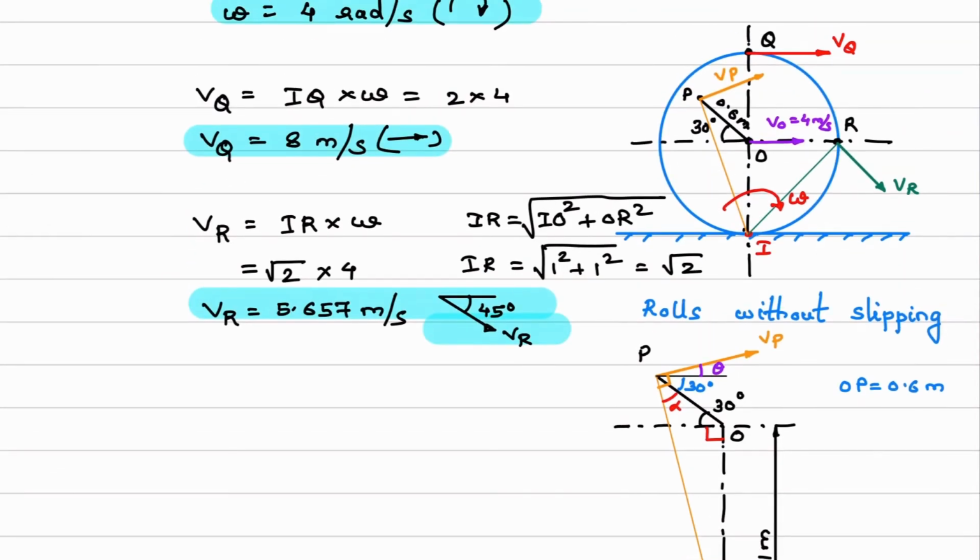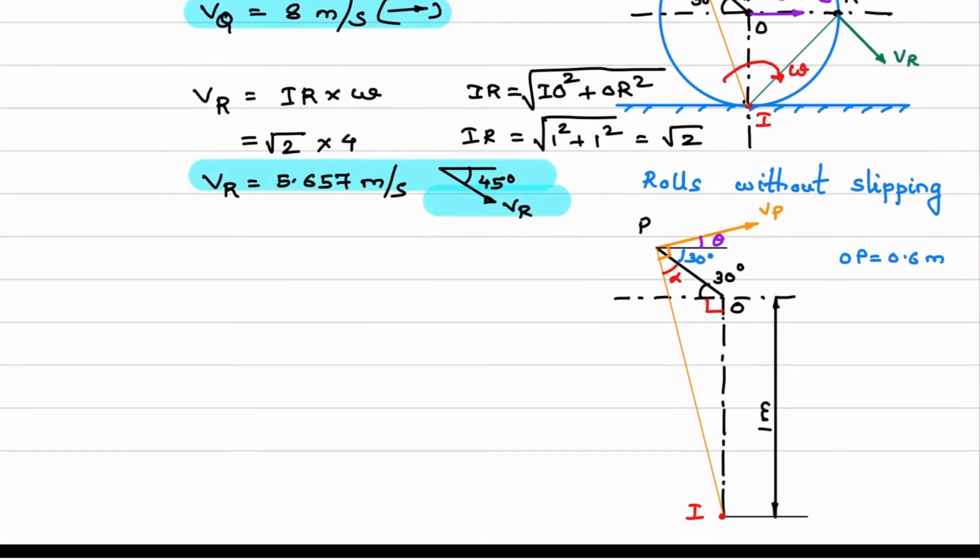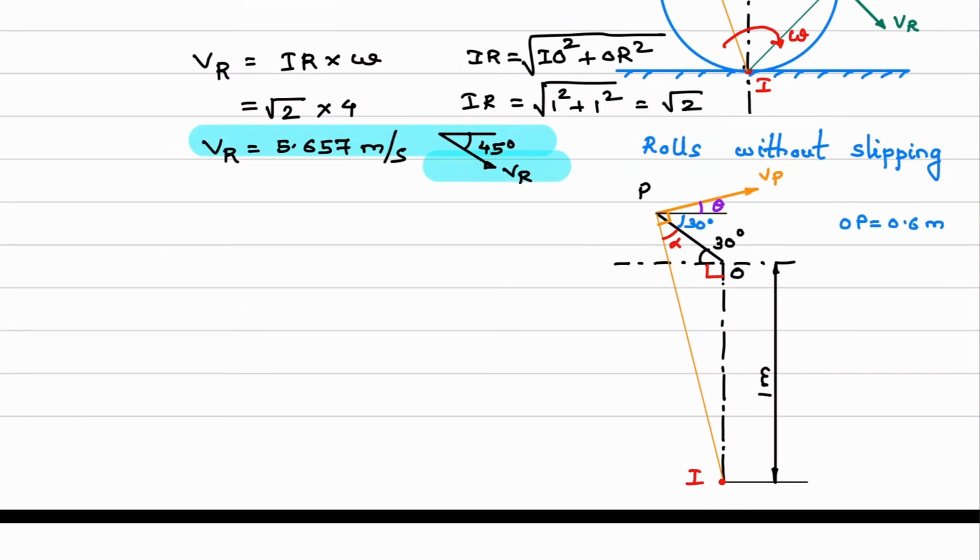Same part of the diagram I have shown over here so that analysis is easy. Now in this diagram we have to calculate this IP distance. Why? Because omega we already know, it is clockwise, and that value is also known. So Vp will be equal to IP into omega.